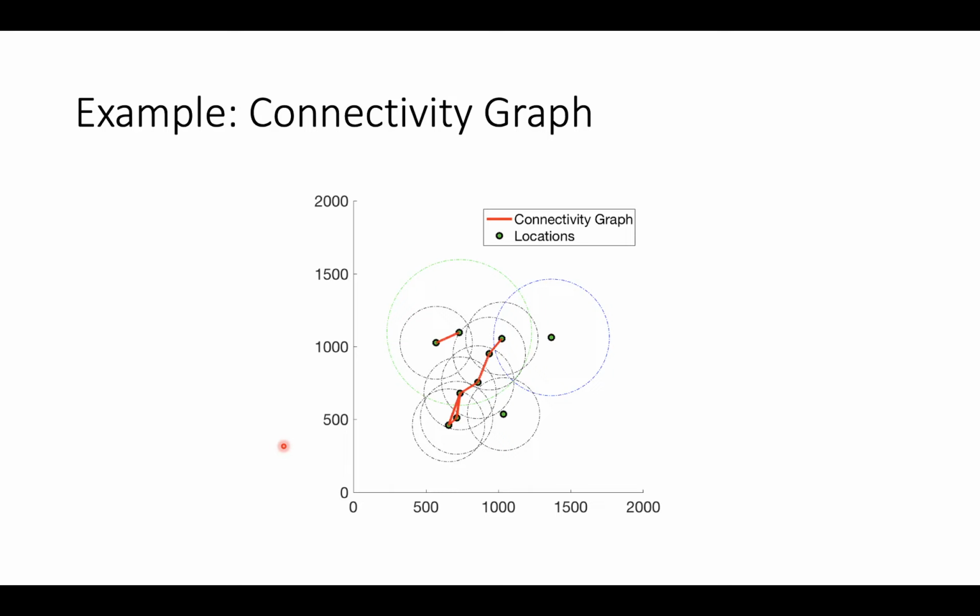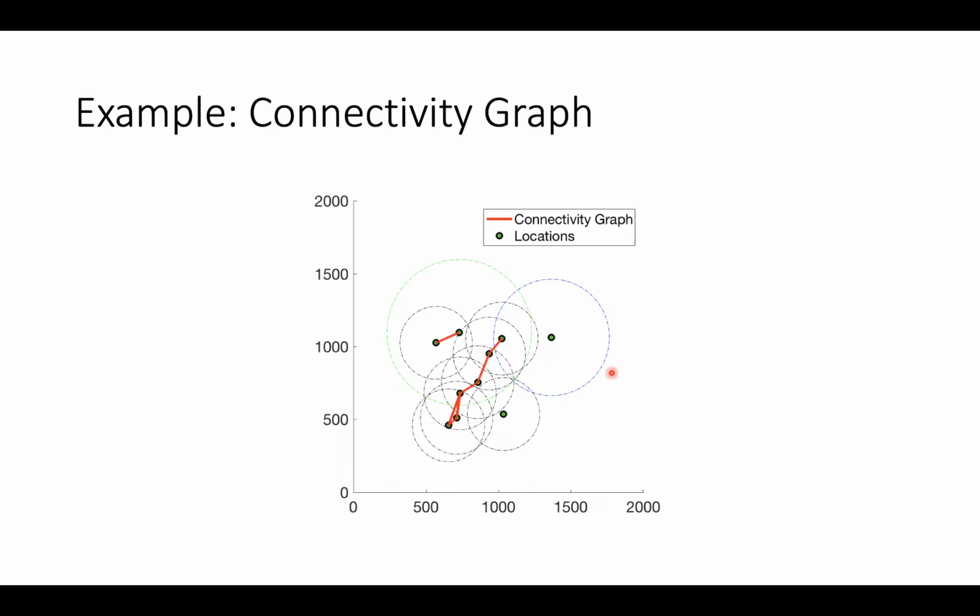We can define different graphs on the same set of locations. Here we can see an example with respect to the sensor network. This is the connectivity graph. We say that two locations, so two sensors, are connected, so there is an edge, if and only if they are within their communication range.